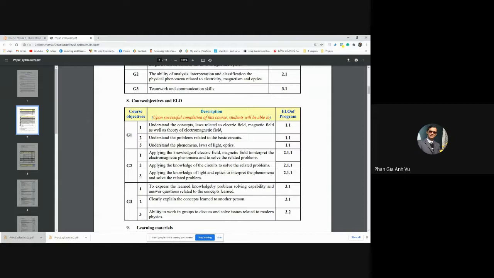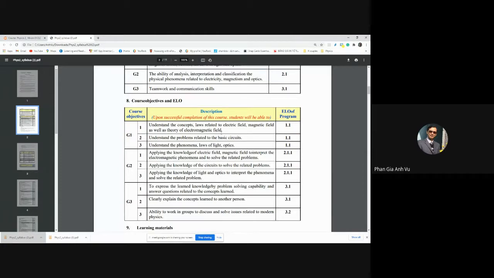As you experienced in the Physics 1 final exam, you will get some questions in the exam paper, and at the back side of the exam paper you will see the ELO.